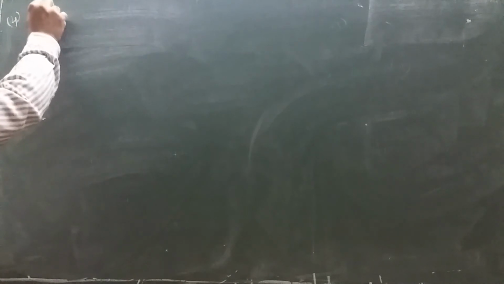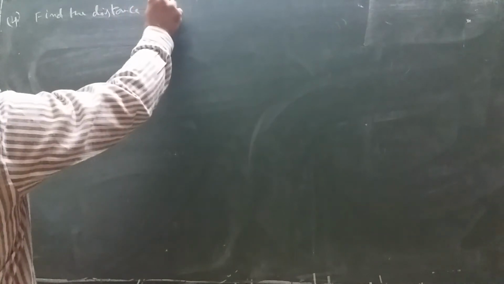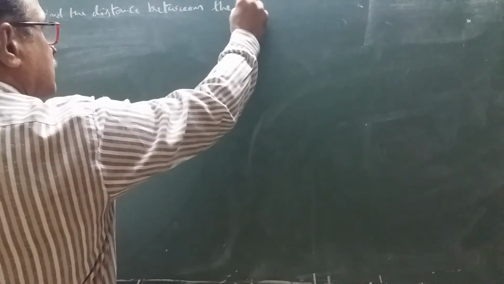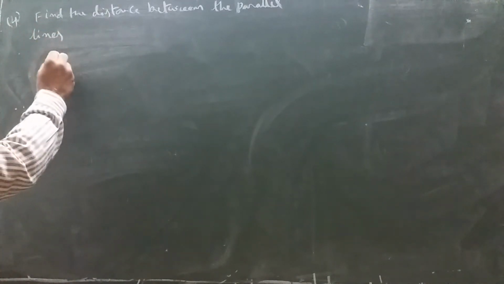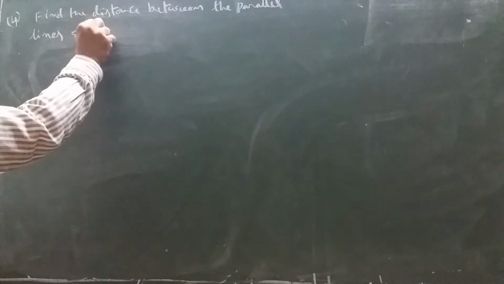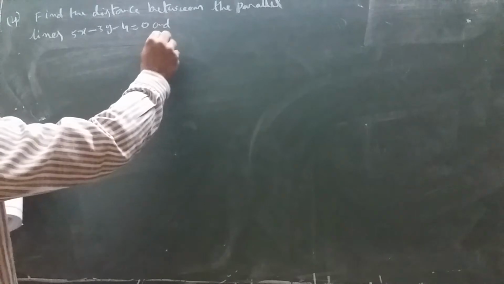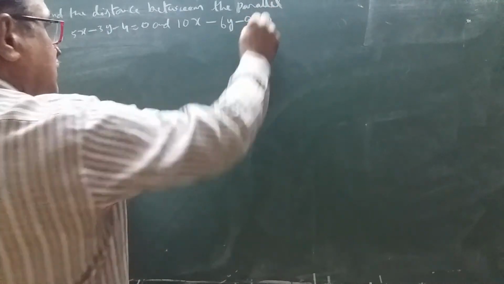Find the distance between the parallel lines 5x minus 3y minus 4 is equal to 0 and 10x minus 6y minus 9 is equal to 0.